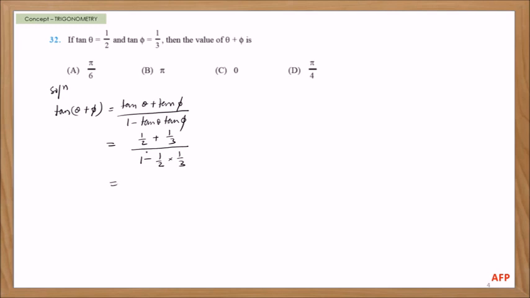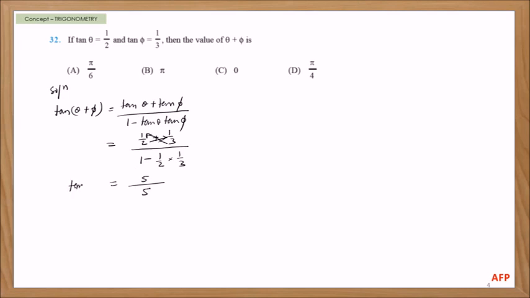If you simplify, you multiply 3 here, 2 here, 3 plus 2 is 5 you are getting, the denominator is 6. In the denominator, 6 minus 1 you are getting 5, the denominator is 6.